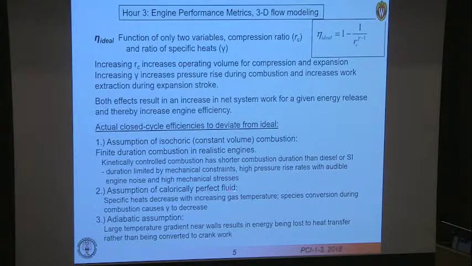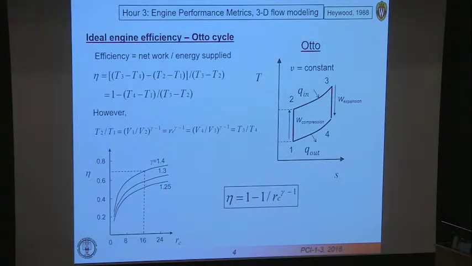Then there is the assumption of a calorically perfect fluid. In reality, the specific heats increase with increasing gas temperature, and this causes gamma to decrease. So you don't get the nice 1.4 efficiency that you see over here. Say for a 16 to 1, you'd get 70% efficiency. You don't get that, unfortunately.